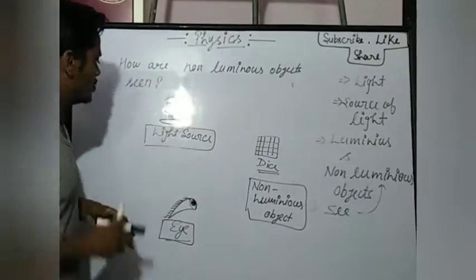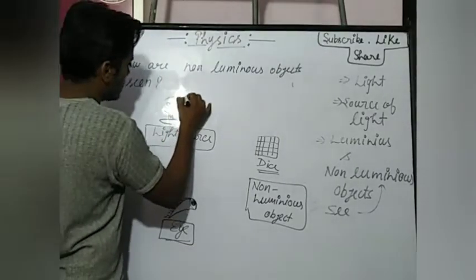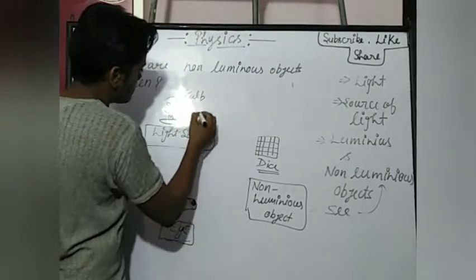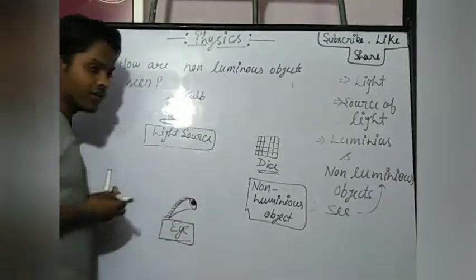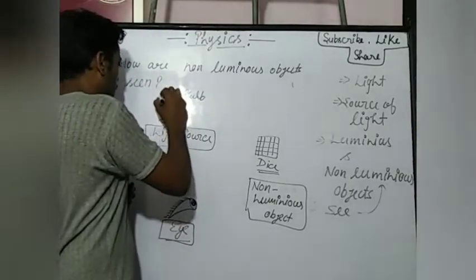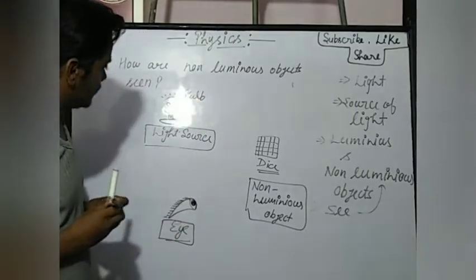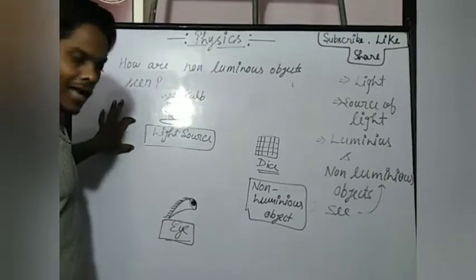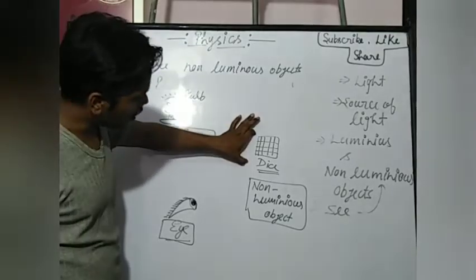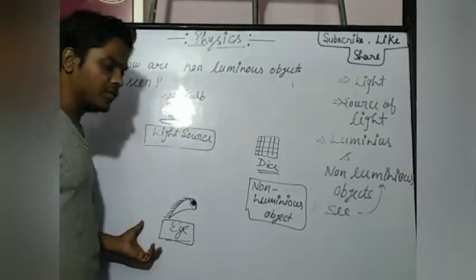This one is the light source, which is a bulb. One electric bulb, and it is glowing actually. This is the light source, this is a non-luminous object, and this one is the eye.